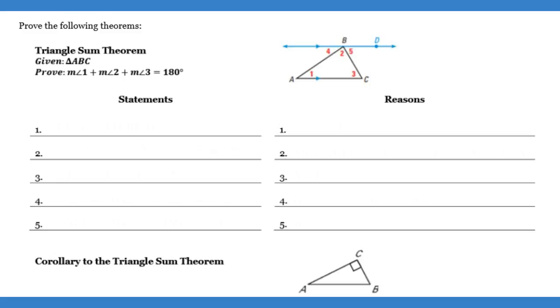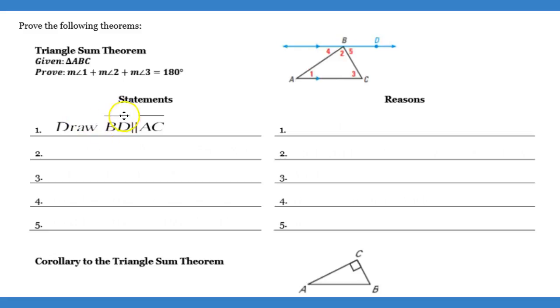And in order to prove our triangle sum theorem, we have to use what we call an auxiliary line to actually solve our proof. So the first thing we want to do is we want to draw an auxiliary line through point B that is parallel to AC. So we haven't really been given anything except this triangle.